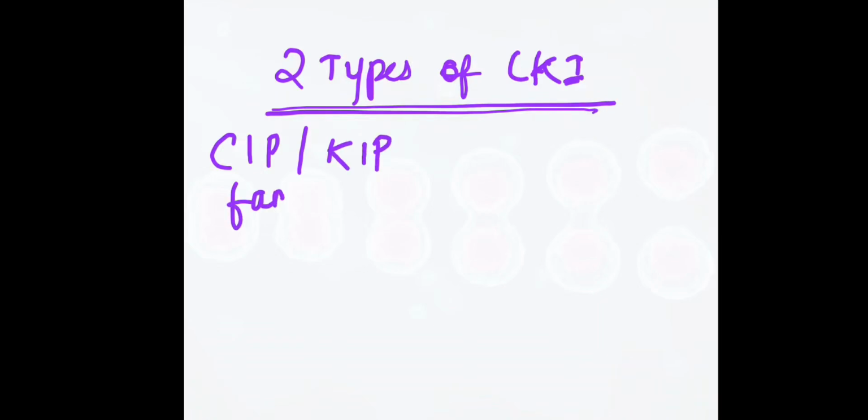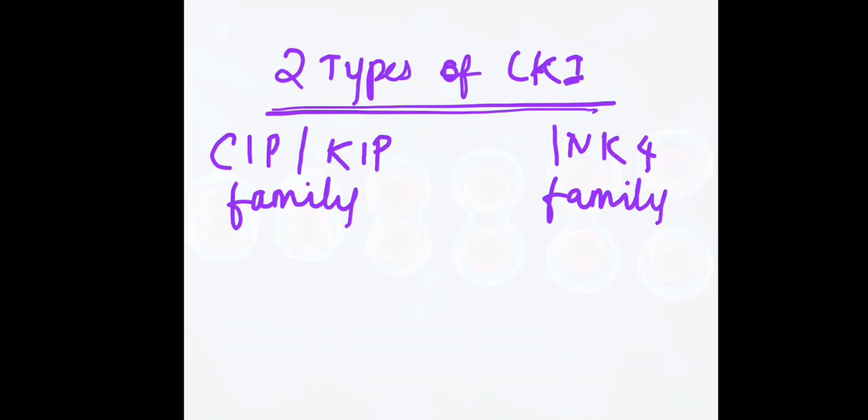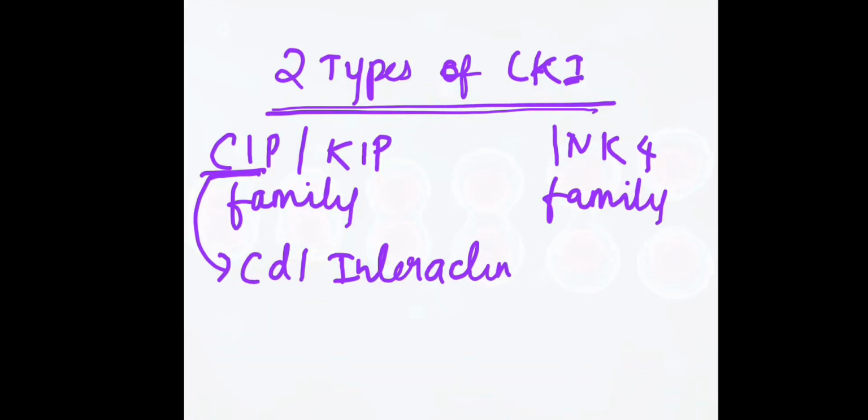So there are two types of CKIs. That is CDK inhibitor proteins, that is the CIP bar KIP family, and INK4 family. CIP stands for CDK interacting protein.